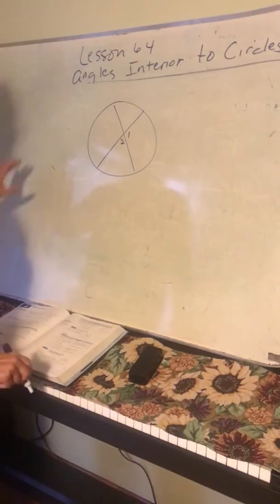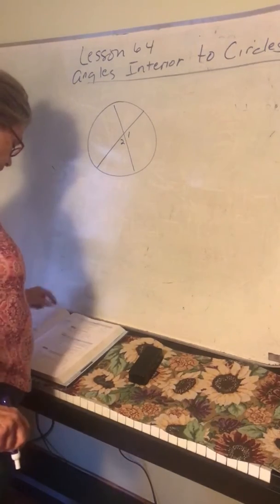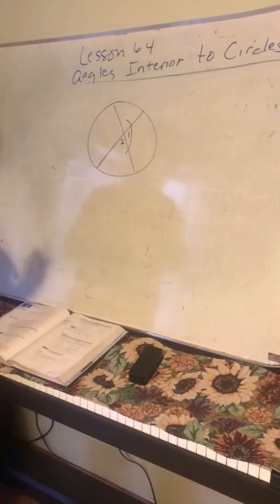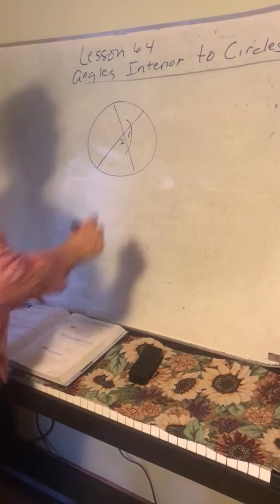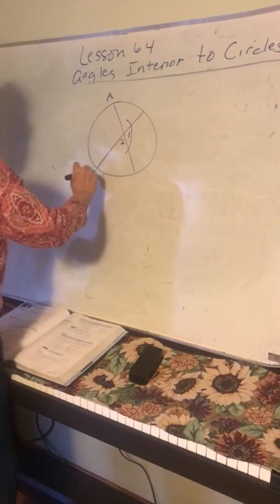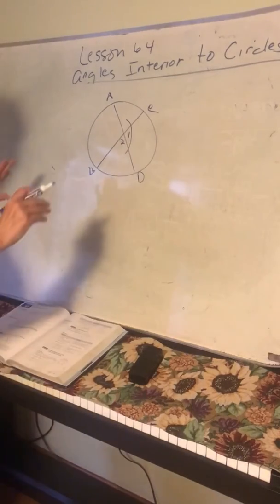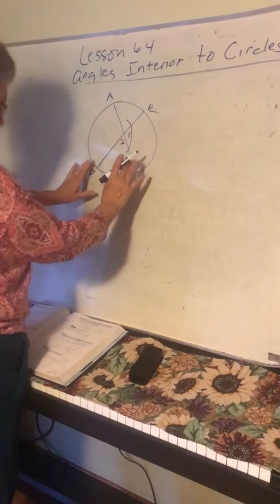The way to find the measurement of angle 1 is, let me put some letters: A, B, C, D. You're going to look at the subtended arcs on both sides here.